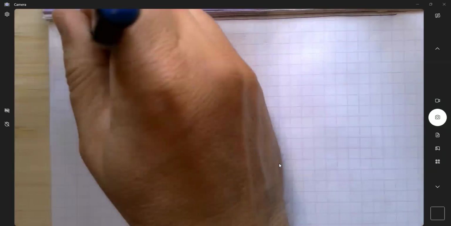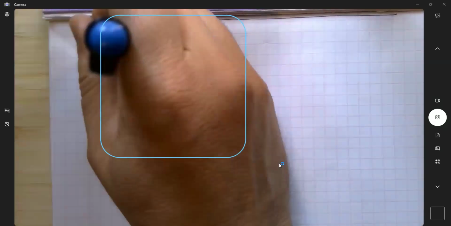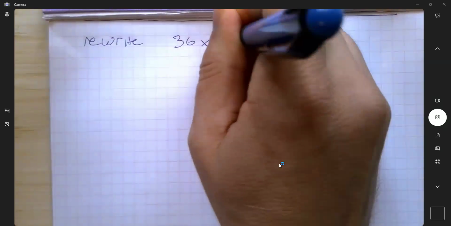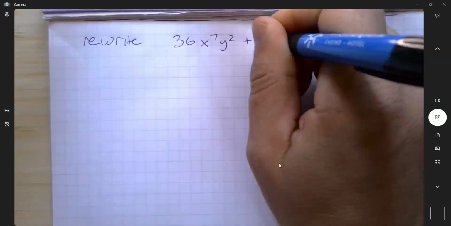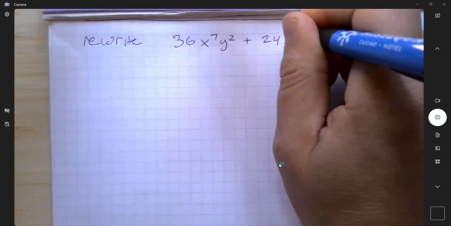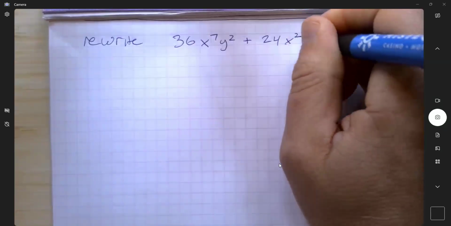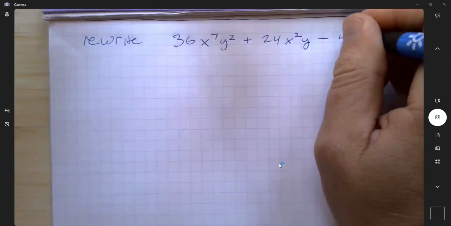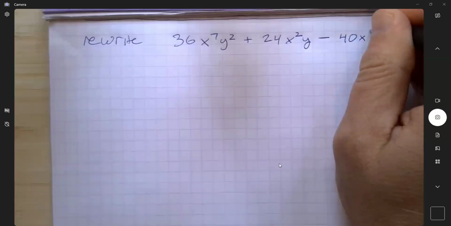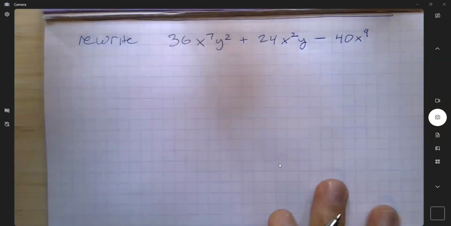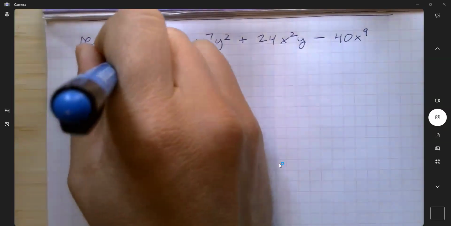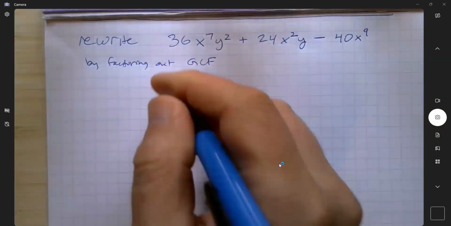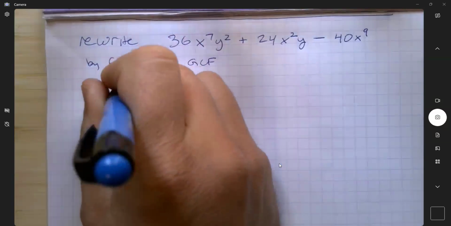Here, let's factor out, so rewrite 36x to the 7th y squared plus 24x squared y minus 40x to the 9th, by factoring out the GCF. So we're going to build our prime factorizations.